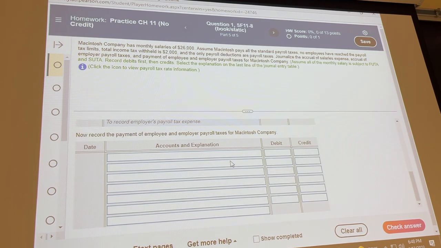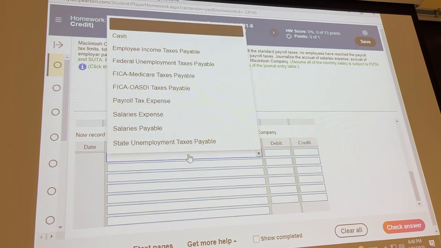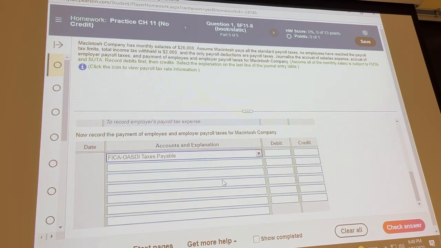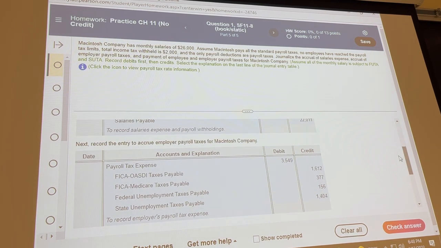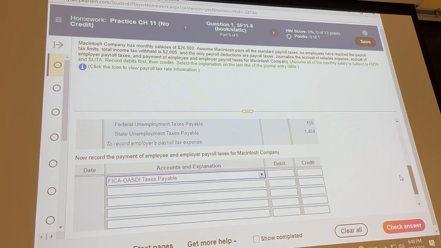Okay, now record the payment of employee and employer payroll taxes. So we're sending the money in now. So we'll start with FICA OASDI taxes payable. Here's where we have to add together what we had from the employee's share and the employer share.